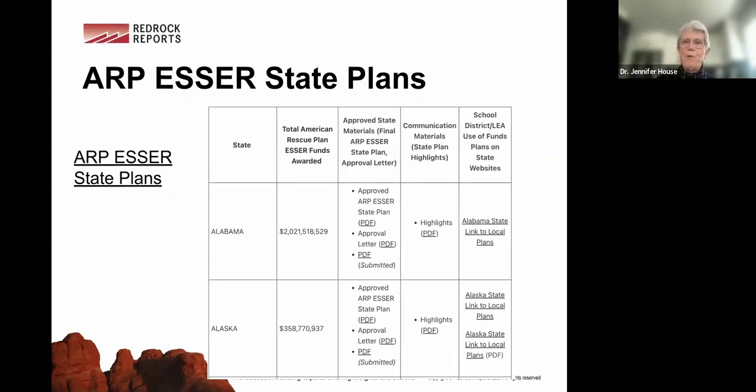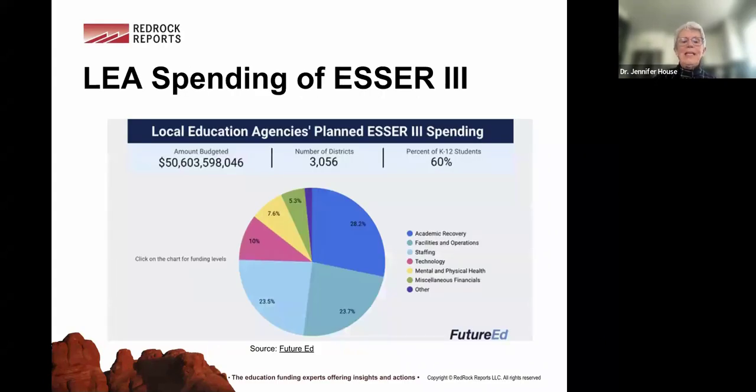So this is a great one to really look at the state plan, because if you're in the district, it's a roll up that you're helping the state approve that plan and how you are doing it as well. And that big amount of money, that's how you're going to be spending that, right? So the LEA plan is really interesting.